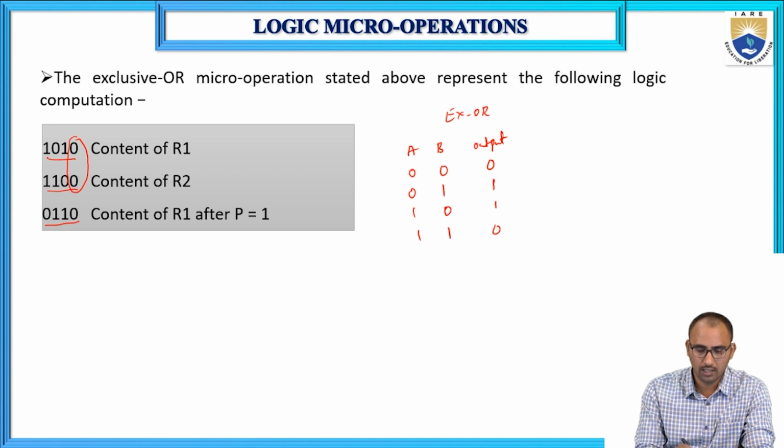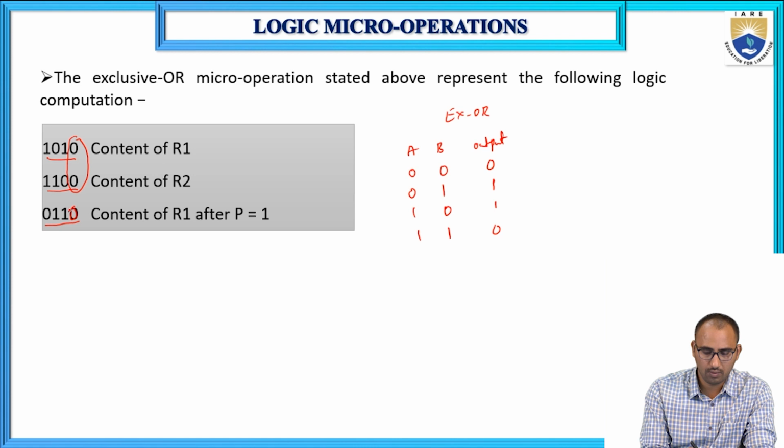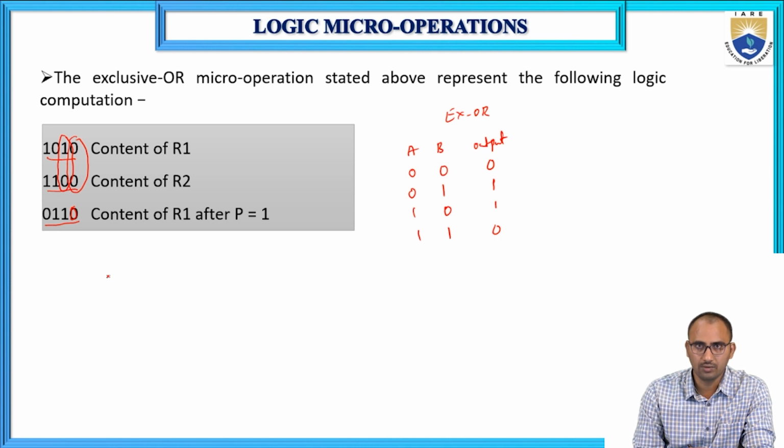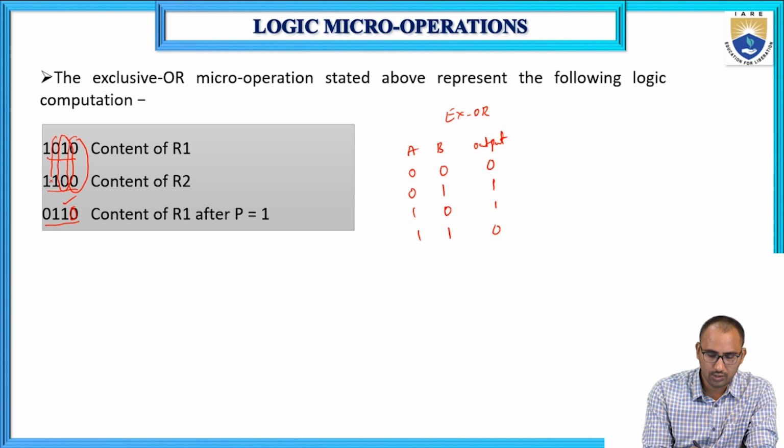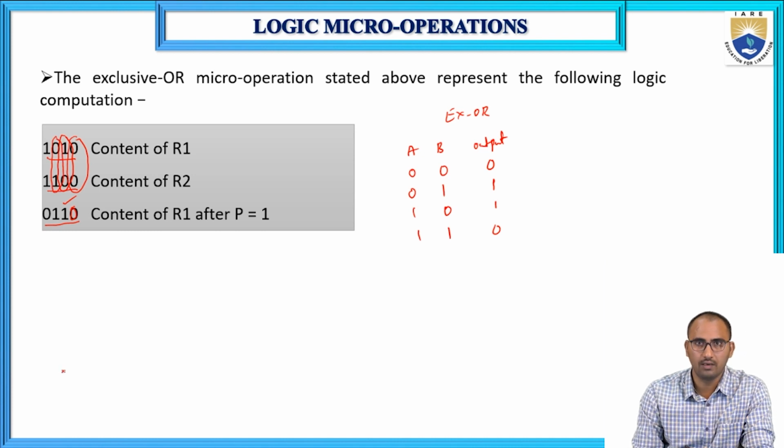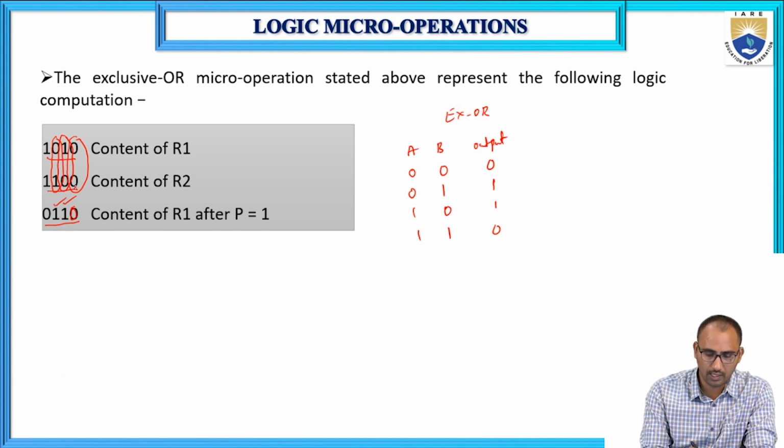According to that, 0 XOR 0 gives 0. Next, 1 exclusive OR 0: the inputs are different, so you get 1. Next, 0 exclusive OR 1: the inputs are different, so you get 1.